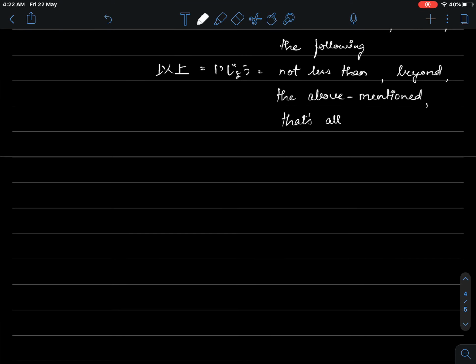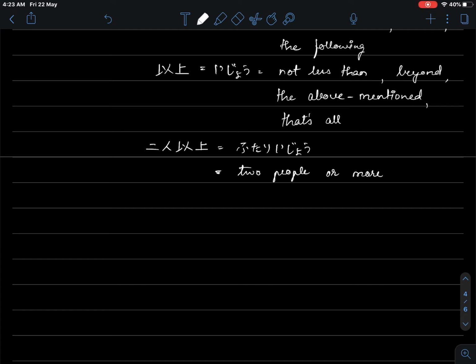Now let's see one more. This will be read as Futari ijo, which means two people or more, or two or more people, whichever way.